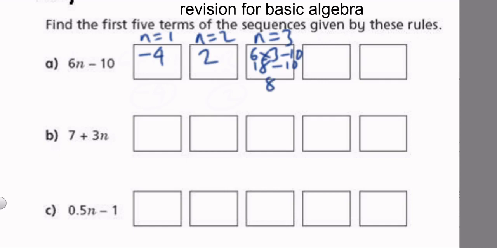Now replace n with 4. That'll be 6 times the 4, take away 10. It's 24, take away 10, 14. Last one.